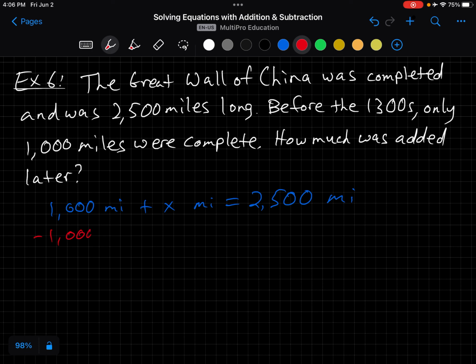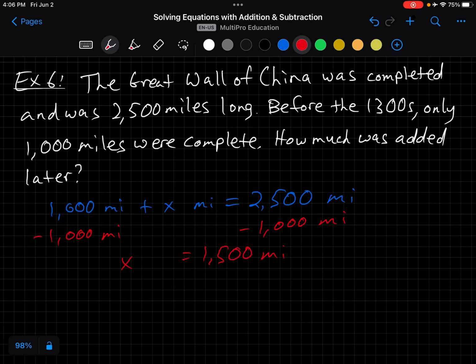So we are going to subtract 1,000 miles from each side. Then x in miles is equal to 1,500 miles. So x is 1,500 miles.